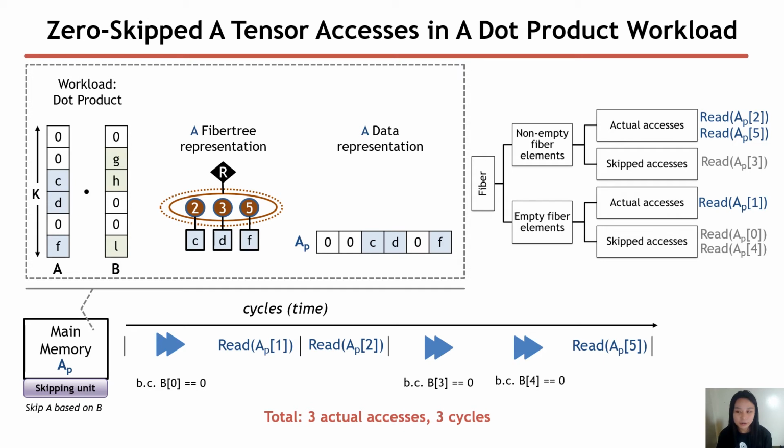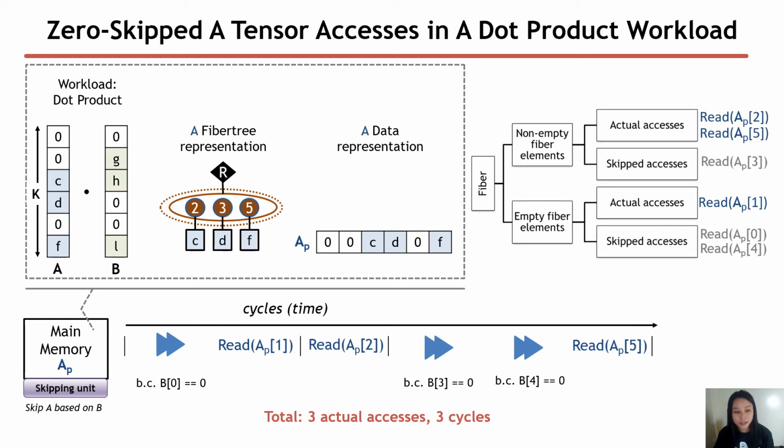So in the first cycle, we know that the first element in B is 0, and because we're applying skipping, we will proceed to the second element of B. And we realize the second element of B is non-zero, so then we'll read out the second element of A, which is AP1, the second element in the A payload vector. We'll read out in the next cycle the third element in the A payload vector because the corresponding B value is not empty.